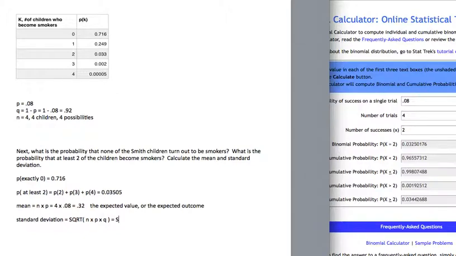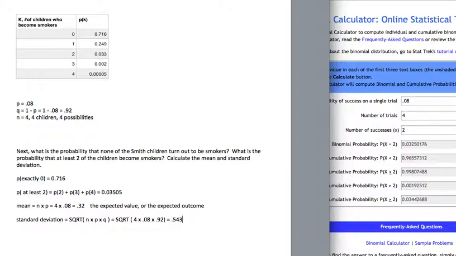So that's going to be the square root of, well, n is 4, the number of trials, p is the probability of success, which is 0.08, and q is the probability of failure, which is 0.92. Remember to take the square root of that whole thing. So the square root of 4 times 0.08 times 0.92, we get 0.543. I'm going to round that to the thousandths place.